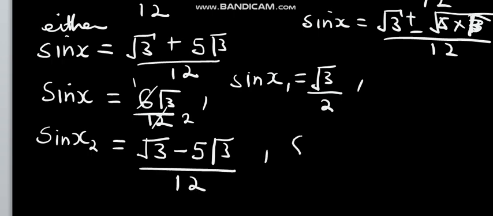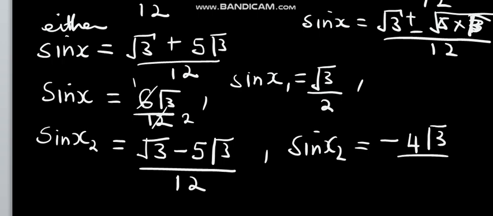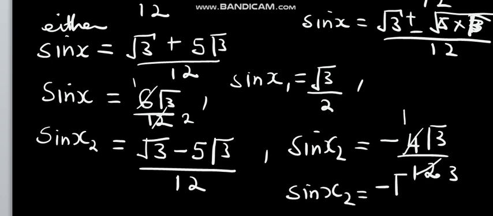So our sine x2 is equal to, what is root 3 minus 5 root 3? That is negative 4 root 3 out of 12, by 4, 1, by 4, 3. And sine x2 is equal to negative root 3 out of 2.